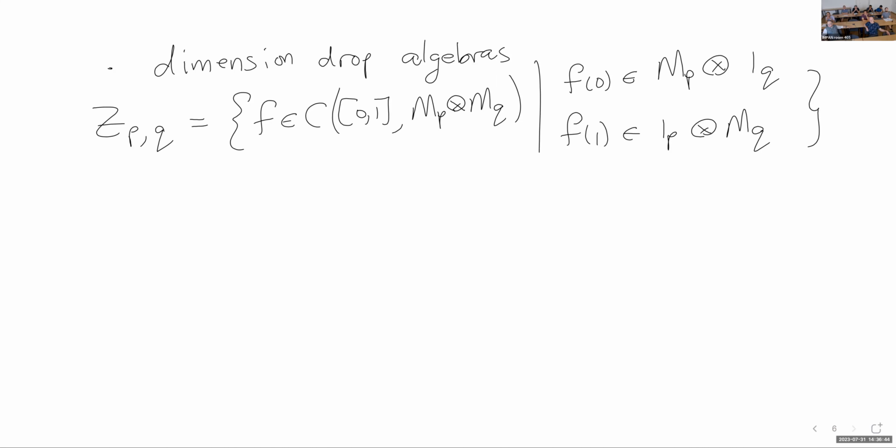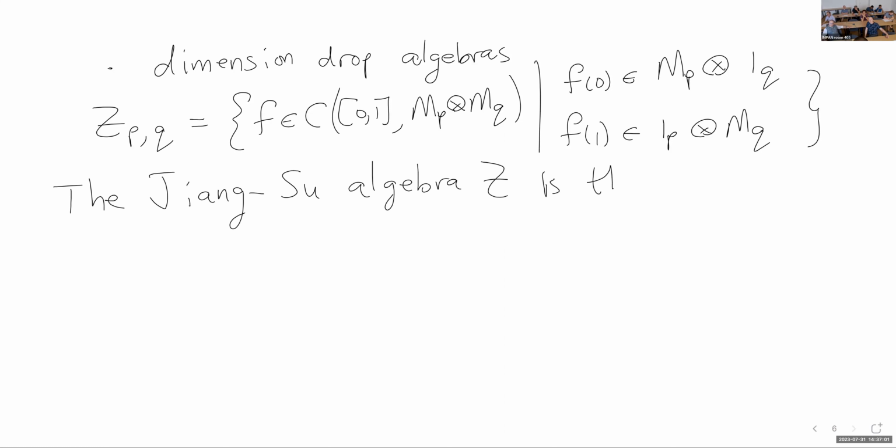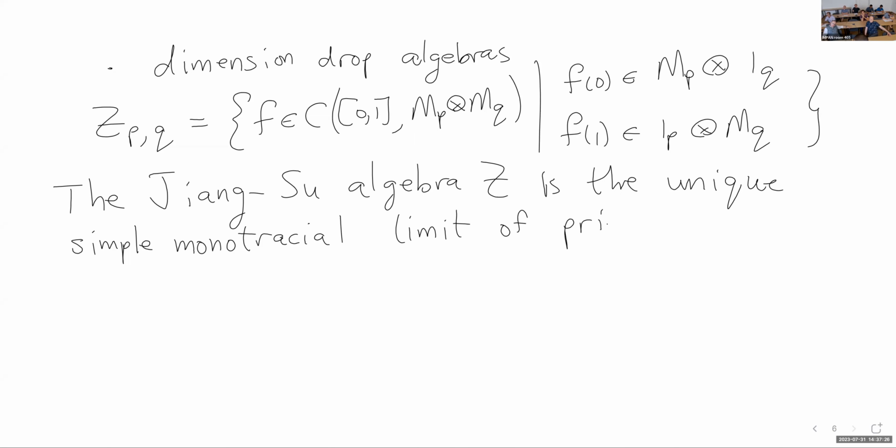All right, so let me just say that the Jiang-Su algebra is the unique simple monotracial limit of prime dimension drop algebras, Z_{p,q}.